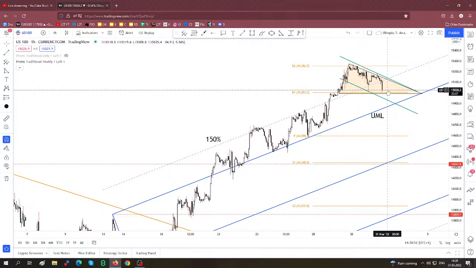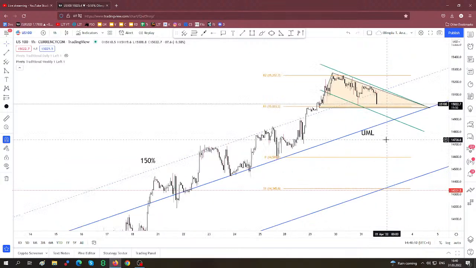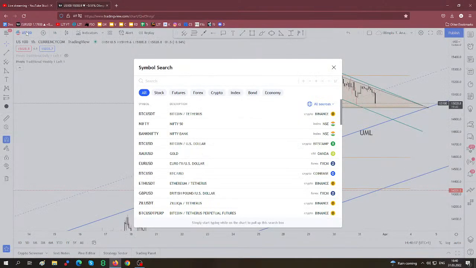I know that we have an upside movement, and personally I'm looking right now in the short term only for upside continuation patterns. That's why I'm looking right now on the lower time frames, like 1 hour or 15 minutes. So yeah, the bias is still bullish. Orlando will come back with his management of his trade on US 100, Nasdaq.